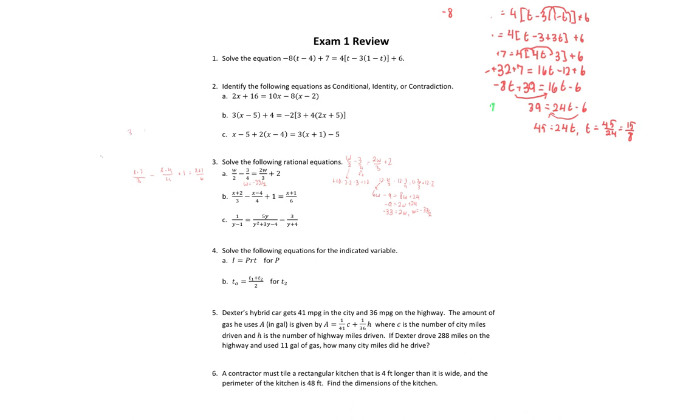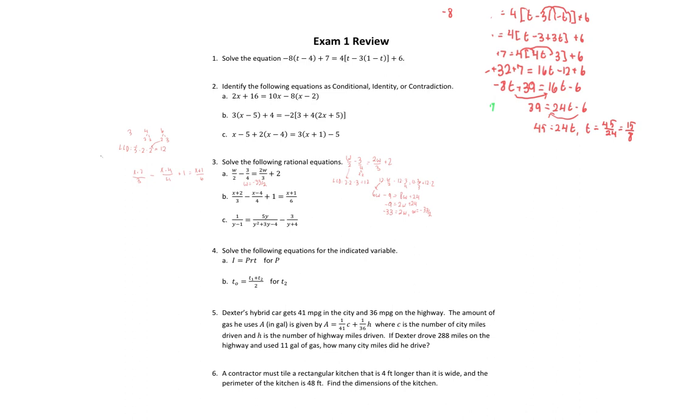I have 3, 4, and 6. 4 is 2 times 2. 6 is 2 times 3. And so my least common denominator, I need one 3. I need 2 2s. And then this says I need a 2 and a 3, but I already have one 2 and I already have one 3. So I'm done. And that is, I believe, 12 again.